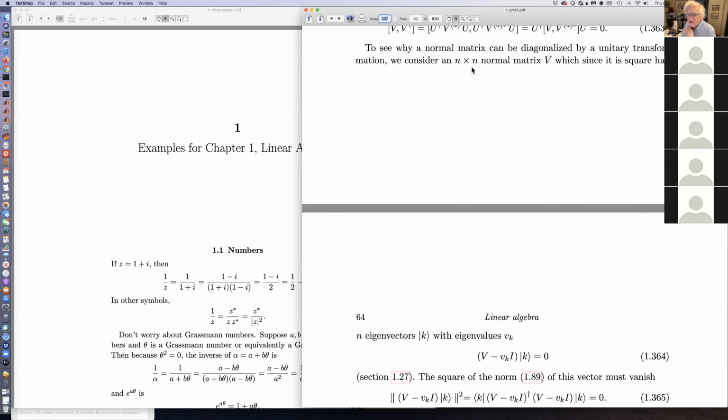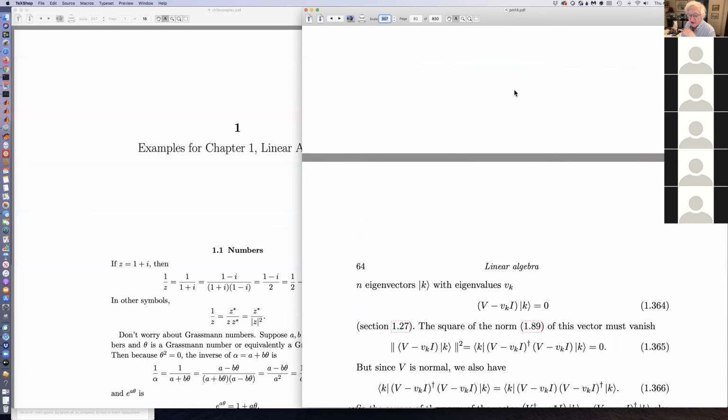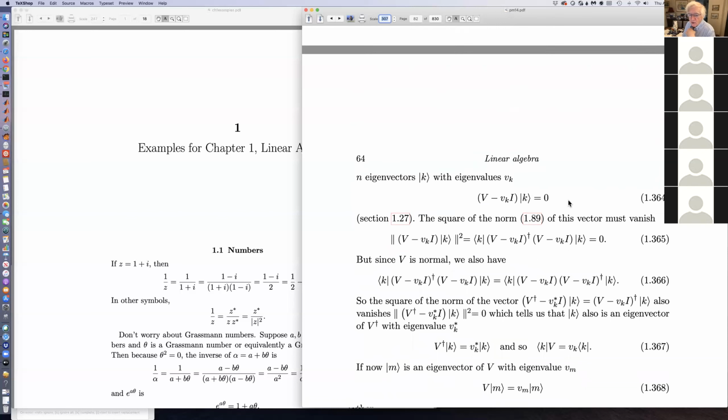realize that since it's a square matrix, it has n eigenvectors with n eigenvalues. So we have n equations like this. Now the square of the norm of this is (V - v_k I)† times (V - v_k I), like that. On the other hand, since V is normal, we can just move this thing through.